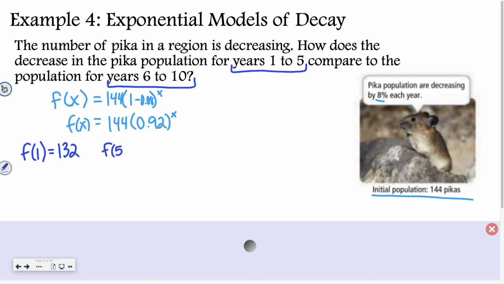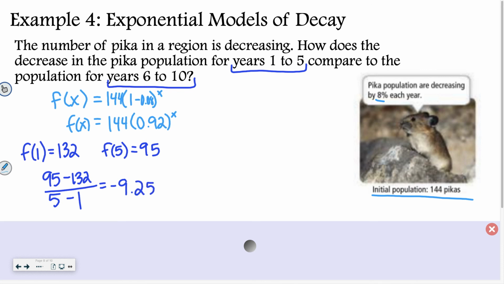If I plug 5 into that equation, I am left with about 95 picas. So I'm going to find the rate of change between those. So 95 minus 132 over 5 minus 1. I got the 5 and the 1 from the years, and 95 and 132 from the number of picas left. That's about a decrease of 9.25 picas per year.